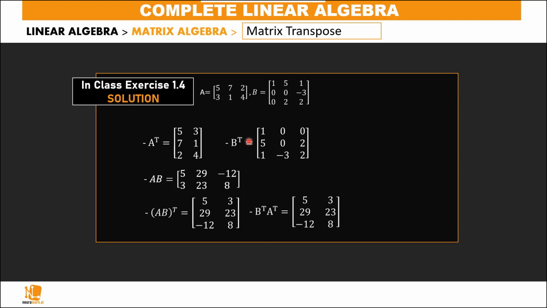So B transpose times A transpose gives us 5, 3, 29, 23, negative 12, 8. With this, you can confirm that AB transpose equals B transpose times A transpose. So the matrix transpose basically allows us to flip a matrix.